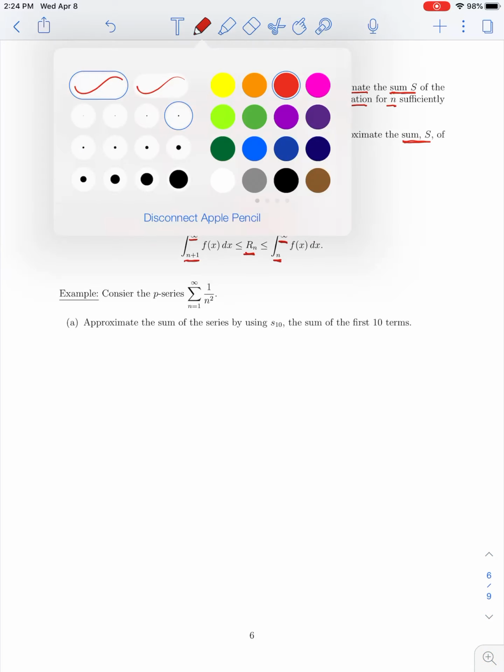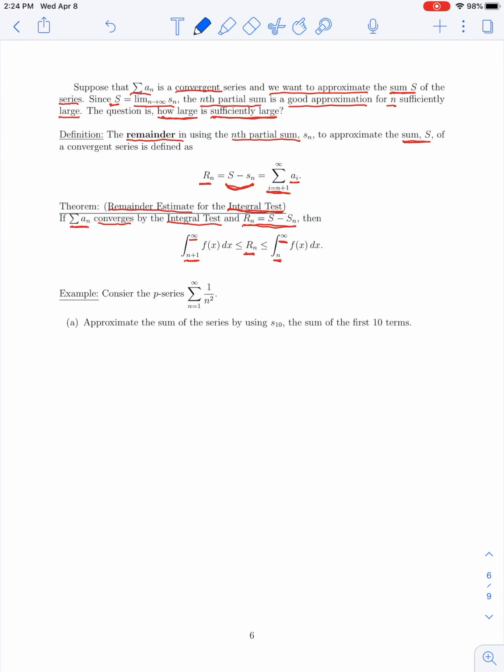So for this theorem, really the inequality that we care most about is this second one, finding an upper bound for the remainder in our approximation. So let's see how we could make use of this remainder estimate to approximate the sum of a convergent series.